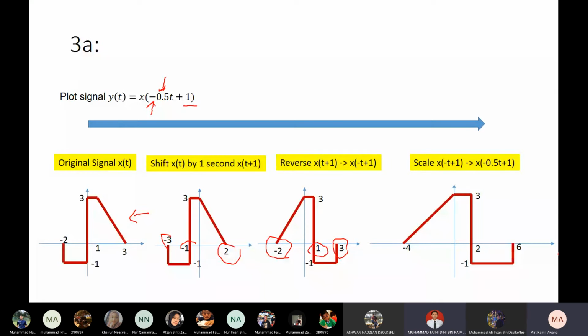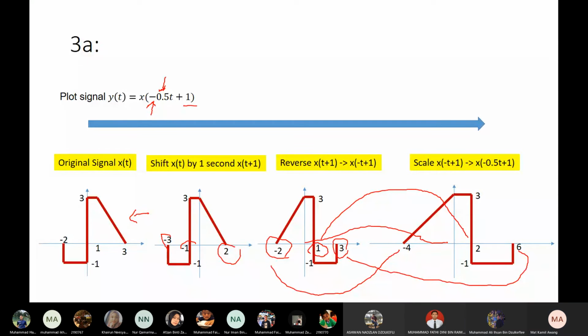You have to double, because 1 over 0.5. So you have to double the time. So -2 becomes -4, 1 becomes 2, and 3 becomes 6. So you stretch the function. And 0 remains at 0. Clear?